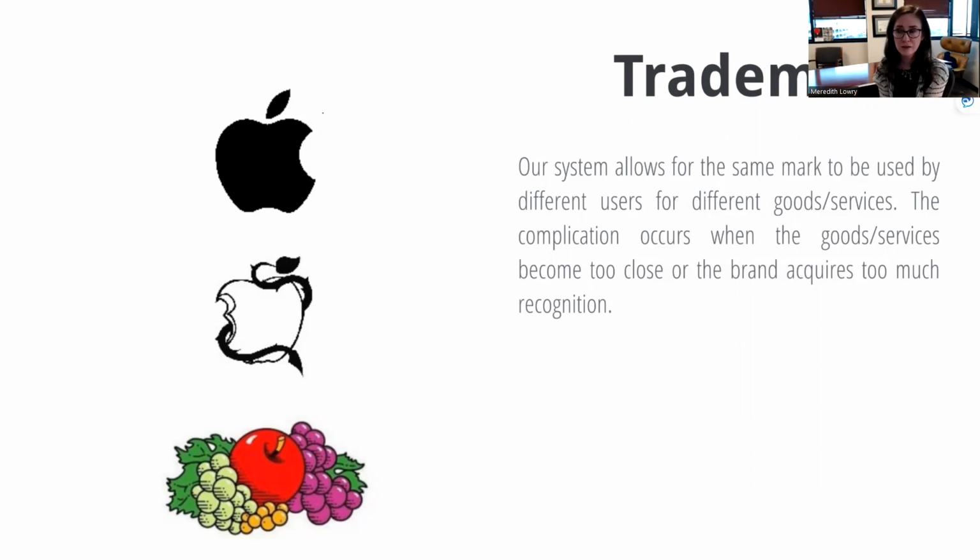Some marks are going to cross different areas. Clothing, or Fruit of the Loom, tends to cross a lot of different areas. And the trademark office in particular now will see clothing as branching out into maybe restaurants or beauty items and things like that, mainly because we see a lot of clothing getting filed.